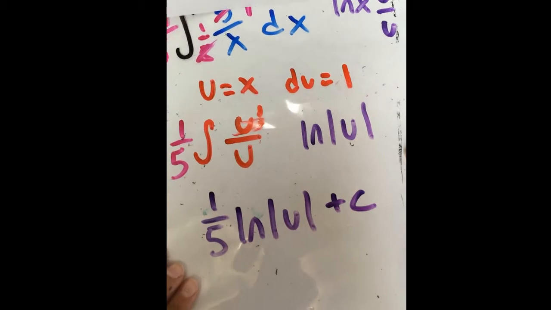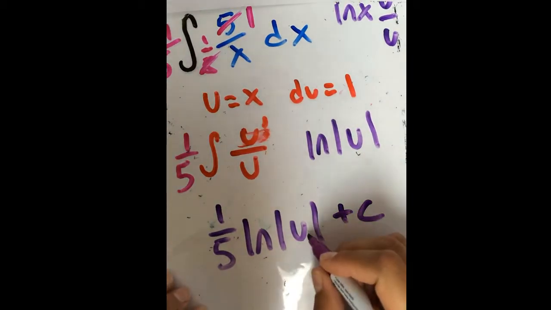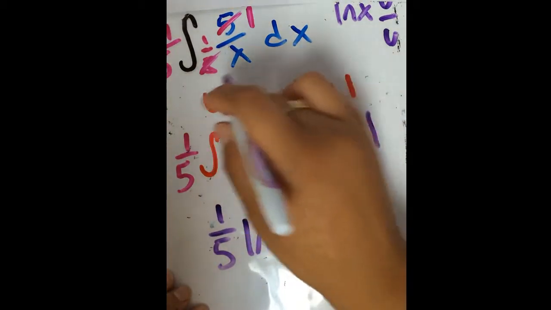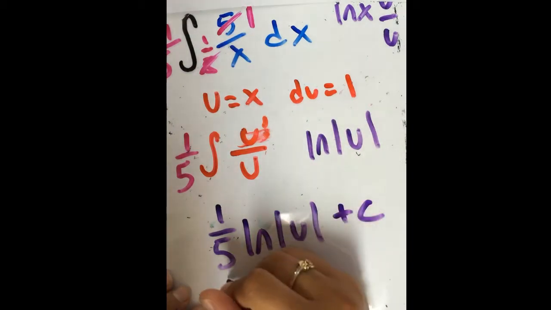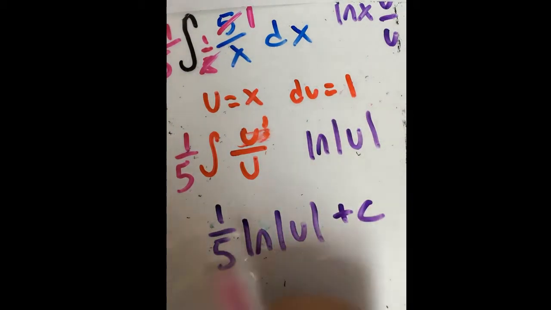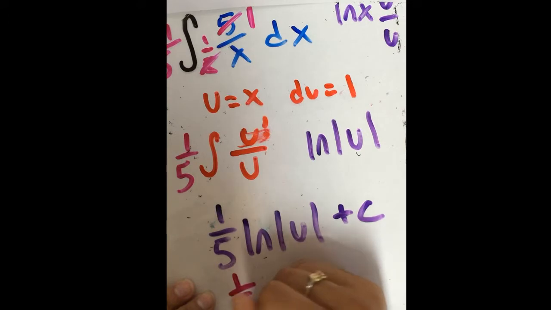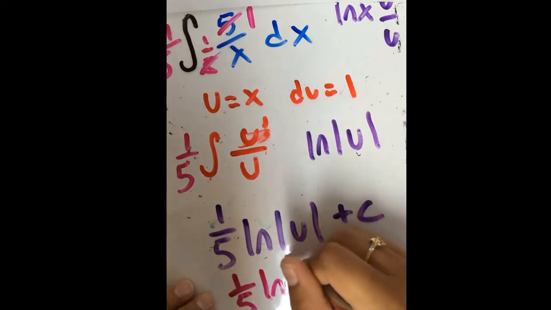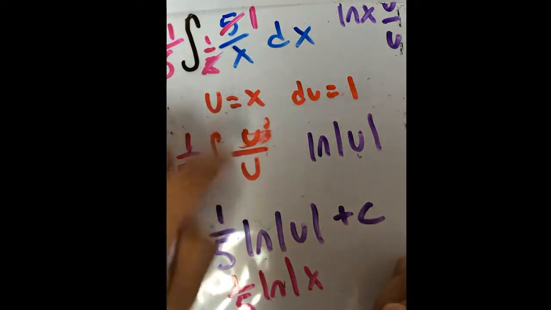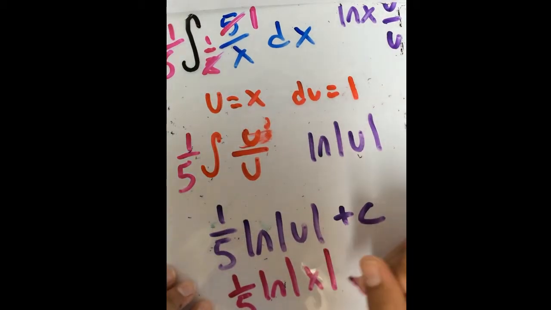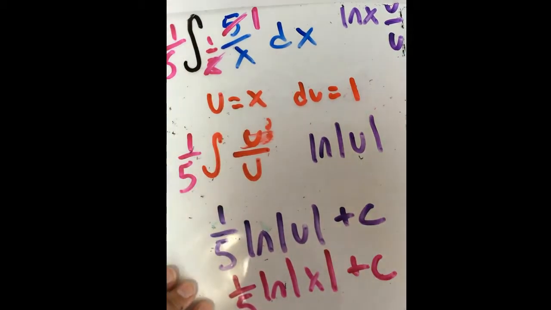And then you finish off by substituting back your function, which is to get rid of the u. So you're left with 1/5 ln of x, substituting because they're equal, and then your plus c.